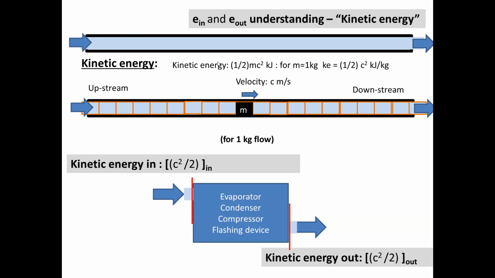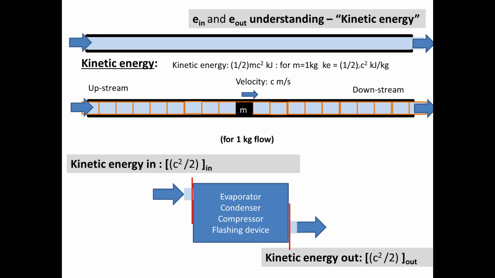So velocity we put here C, not V, because V we are using for volume. We know A levels, your O levels, half mv squared may be kinetic energy, but here we will take this as half mc squared because we already have V for volume or specific volume. So for m kg is this, when m is 1, for 1 kg kinetic energy is half c squared or c squared by 2.